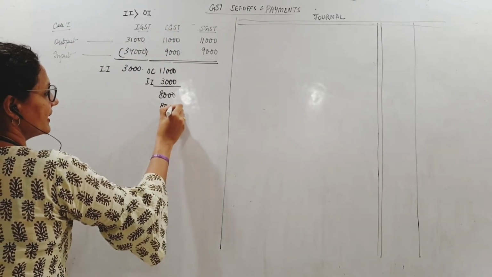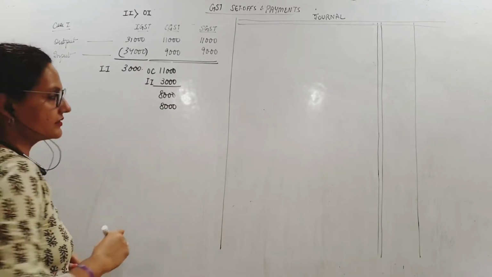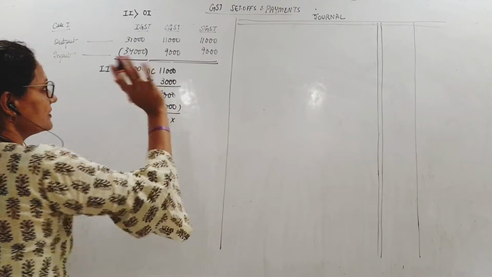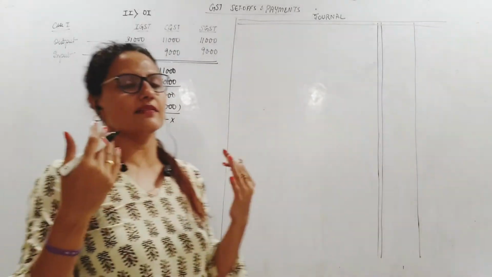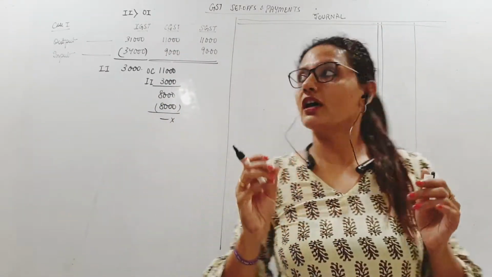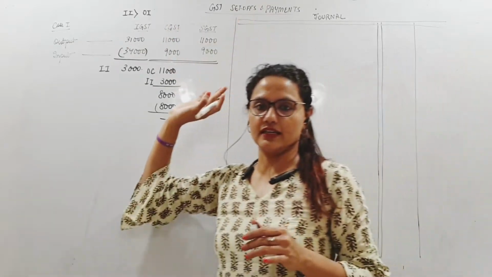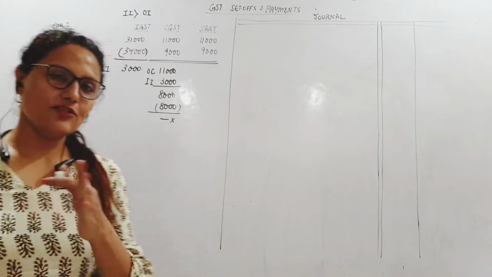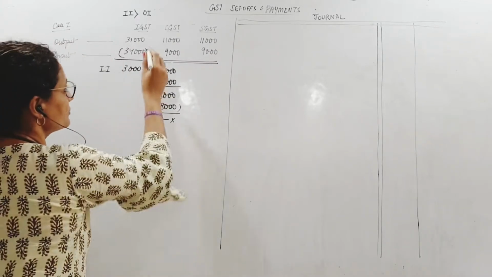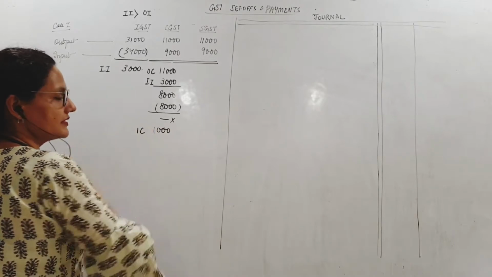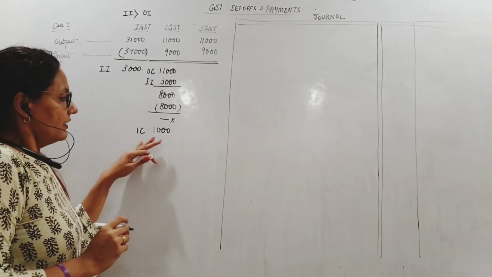Of course, I cannot set off 9,000, right? 8,000 I will set off. So the entire output CGST is also exhausted. So output IGST is exhausted, output CGST is exhausted. Now in input CGST, is there 1,000 left? That is an asset to me.